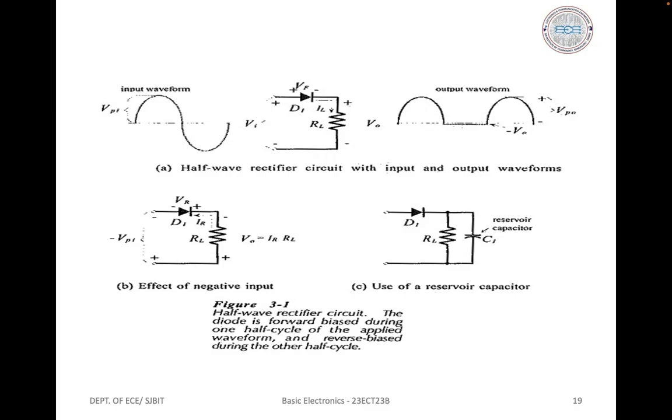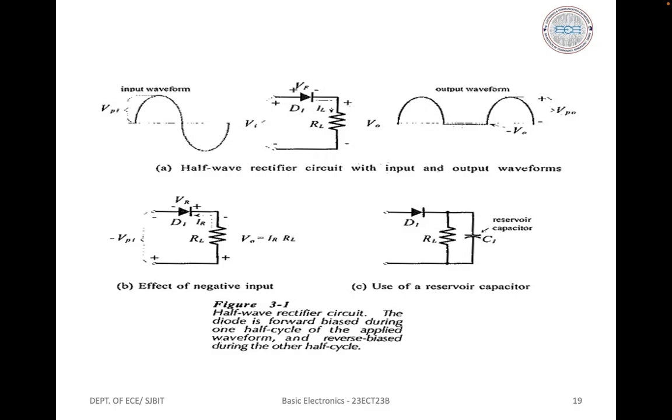The output voltage waveform developed across RL is a series of positive half cycles of alternating voltage with intervening very small negative voltage levels produced by the diode reverse saturation current. When the diode is forward biased, the voltage drop across it is Vf and the output voltage is the input voltage minus Vf.